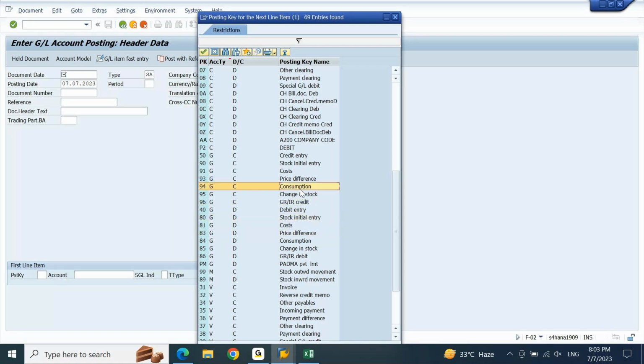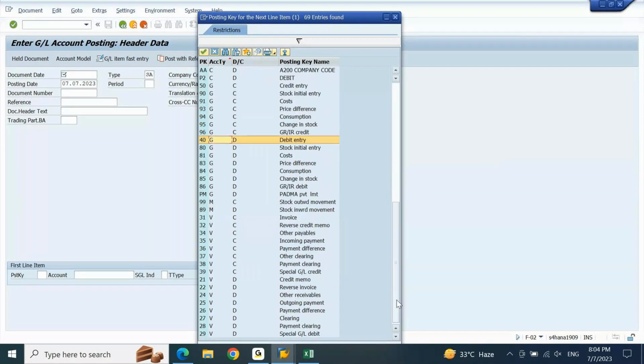For these kinds of things, the system will take a different posting key, from the 90 series or 80 series. In short, 50 and the 90 series are your GL credit, and 40 and the 80 series are your GL debit.